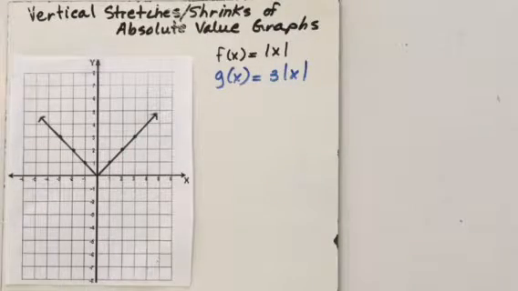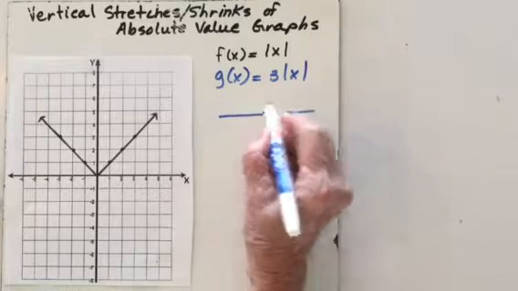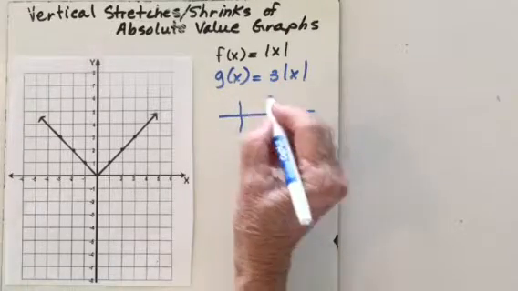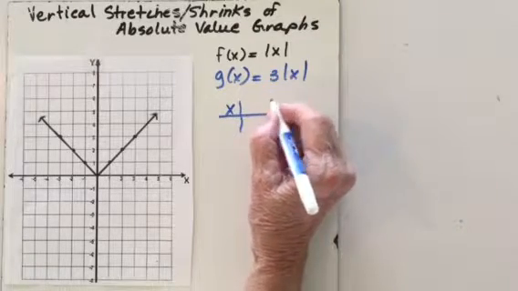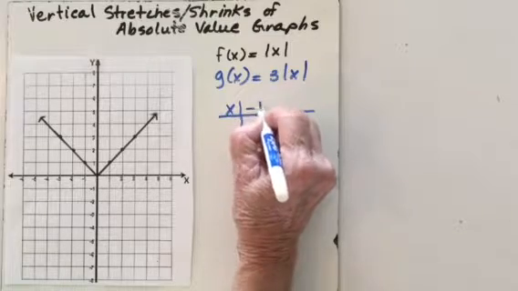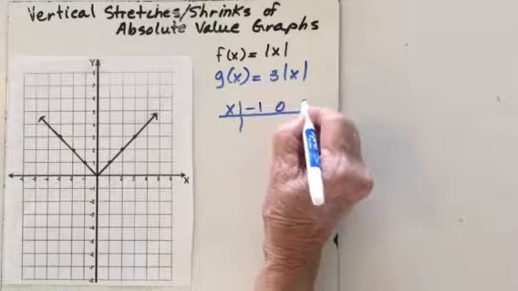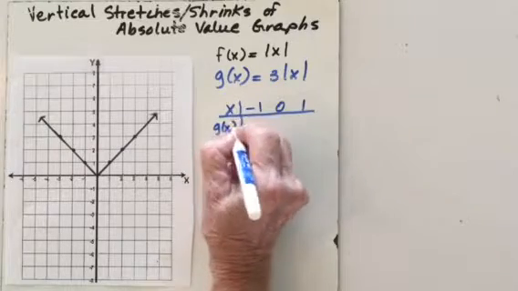All right. So let's make our little table here, and I'm just going to make a few points here. I'm going to have -1, 0, and +1, and then g of x. All right.